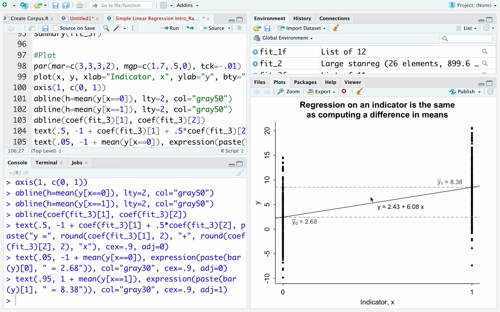And it's basically trying to, the regression line is really just, a line's going through 2 points, right? 2 points will fix a particular line. This line is going through the sample mean of 2.68 for the first group and the sample mean of 8.38 in the second group. The line itself is not super meaningful other than as a way of connecting those two, but it's, again, a good way to think about sort of the framework.